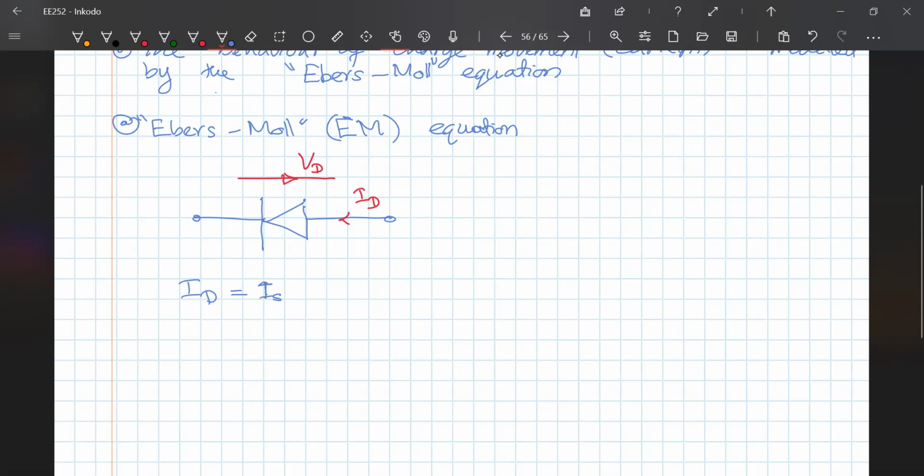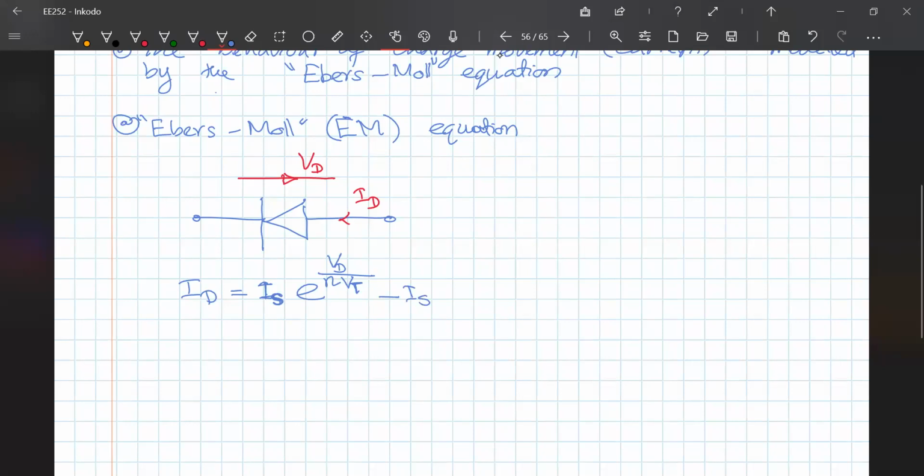Some constant IS times e to the power VD, the diode voltage, divided by N times another voltage called VT, which is called the thermal voltage, VT, minus IS.